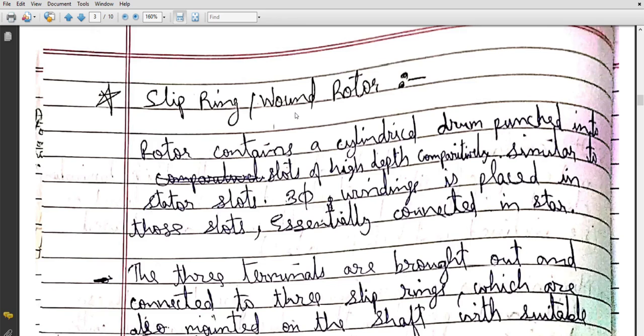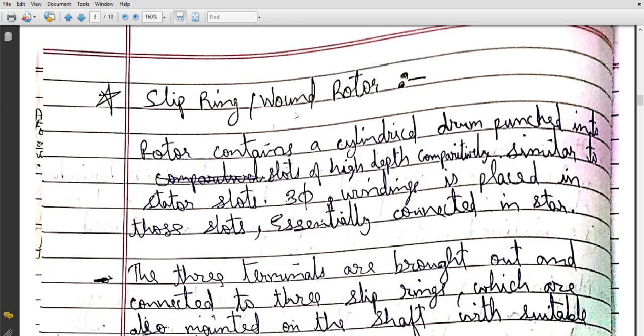This type of slip ring or wound rotor arrangement provides us a means to add external resistance in the rotor winding. This is a very important point. You must be very careful about this: externally, we can add resistance in the rotor winding.